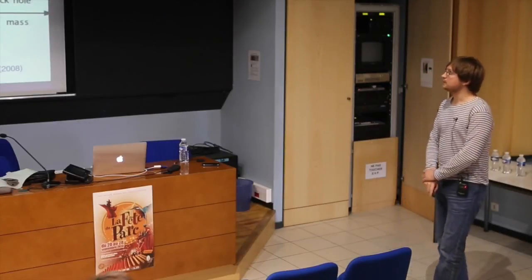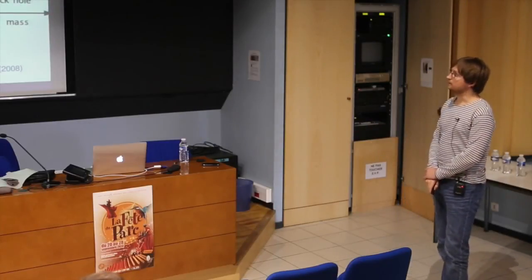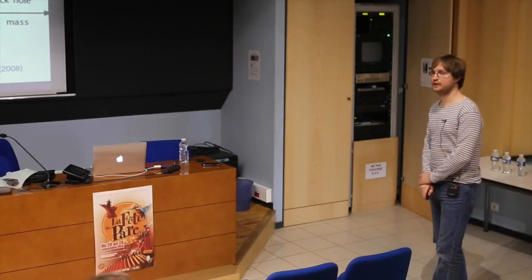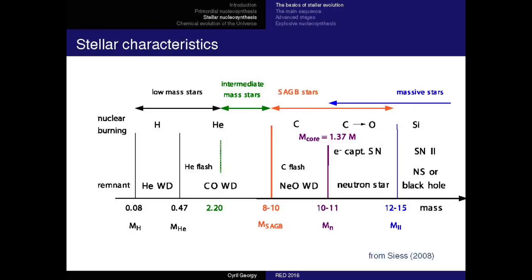So to summarize a bit, as I mentioned, for different kinds of stars you have different kinds of fate, and there are different names for these mass domains. Let's start here. We have what we call the low mass stars, which start from roughly 0.1 solar mass to 2.2 solar masses.